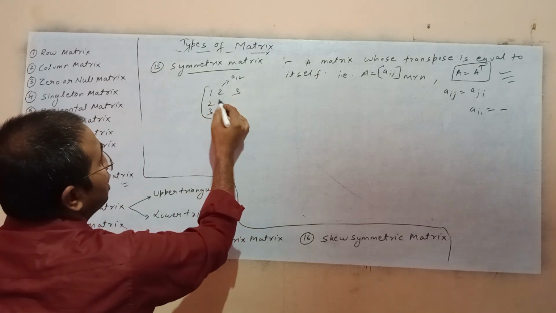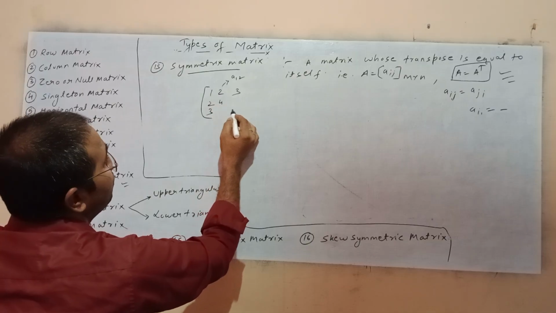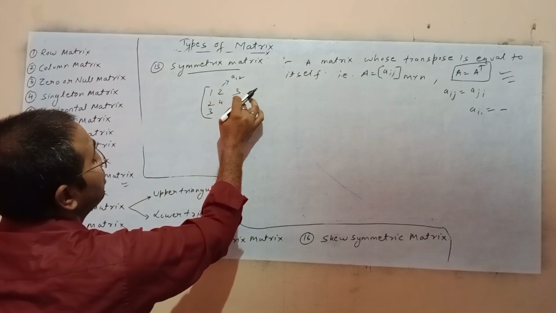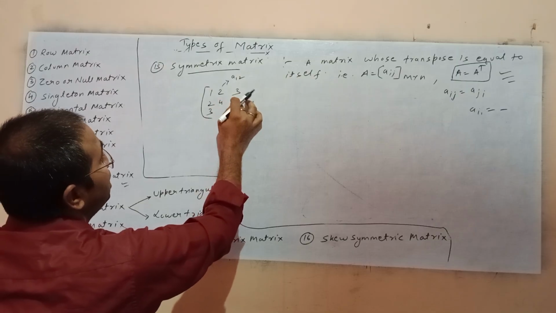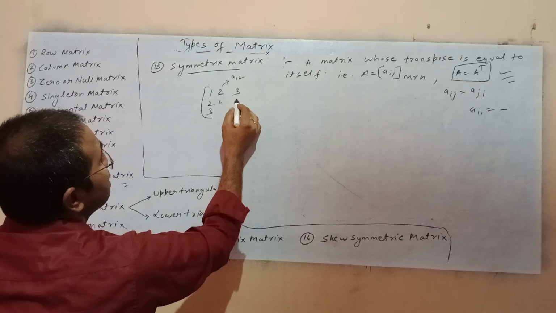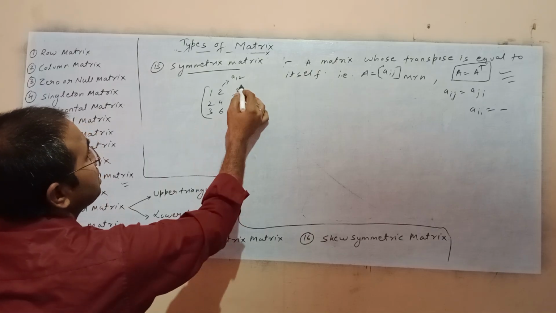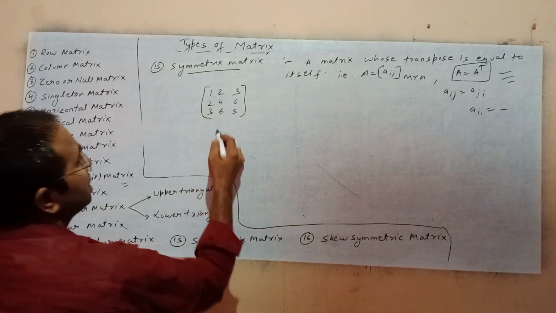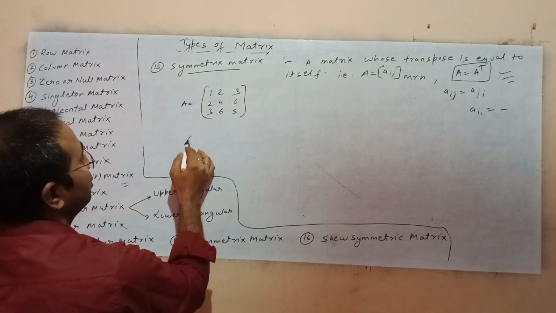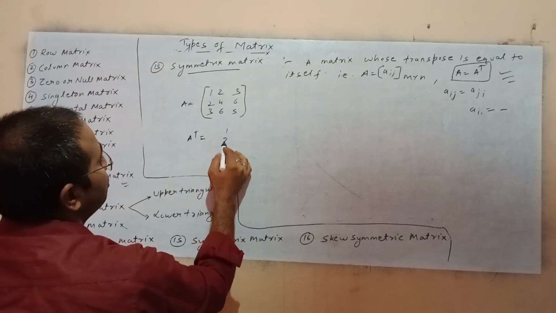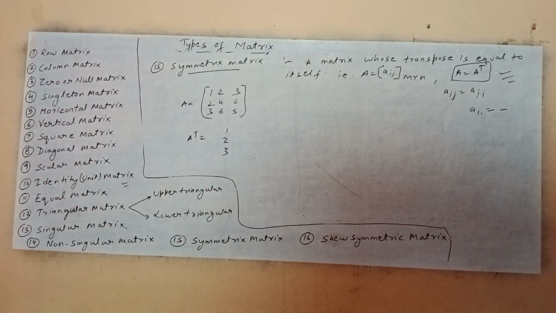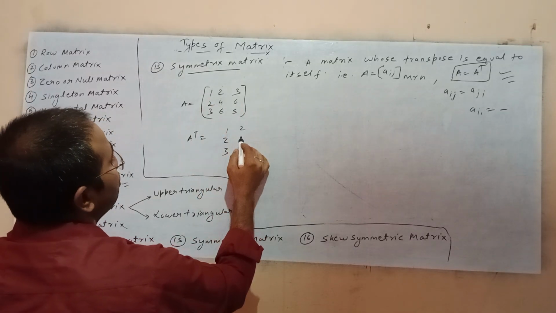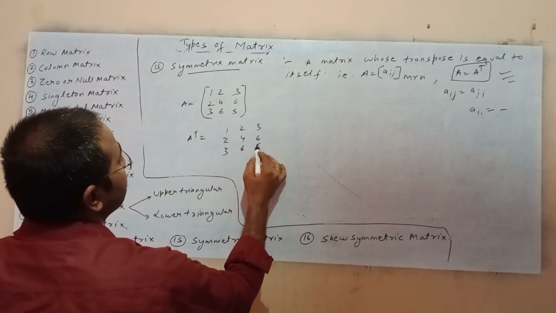Now you can take another value, 1 4 5, in this. This is the element A23, so if you take suppose 6 here, you have to take 6 here. Now take the transpose: row become columns and column become rows. 1 2 3, 2 4 6, 3 6 5.